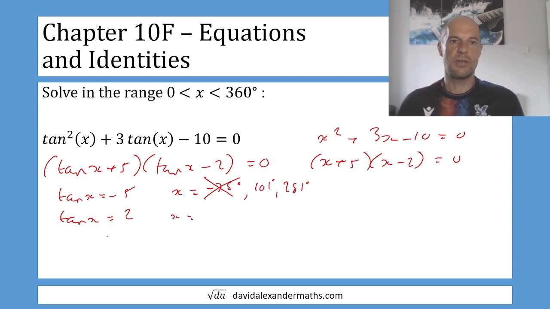Okay, let's do where the tan of x is 2, then x is the inverse tan of 2, so that is 63 degrees. The next one is 63 plus 180, which is of course 243 degrees. And if I add another 180 onto 243, I'm getting 423, which is out of range. So I'm getting four solutions: 63, 101, 243 and 281.